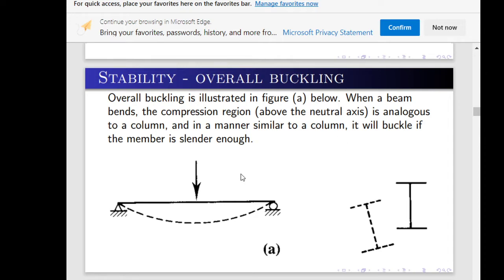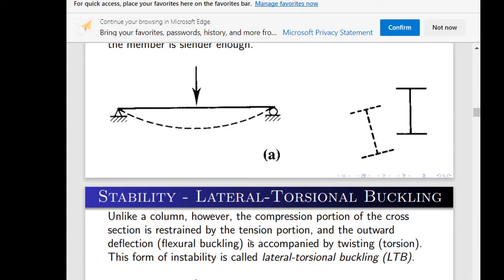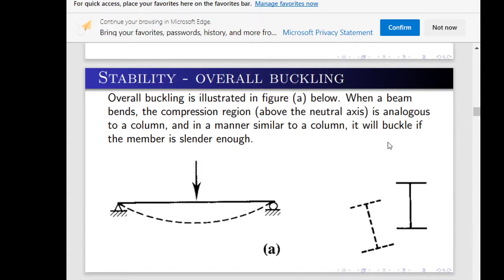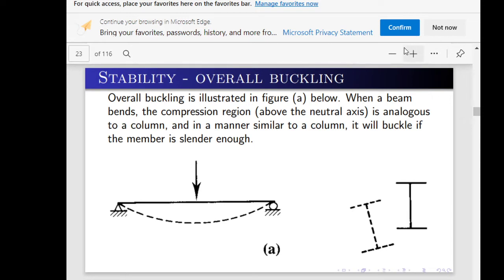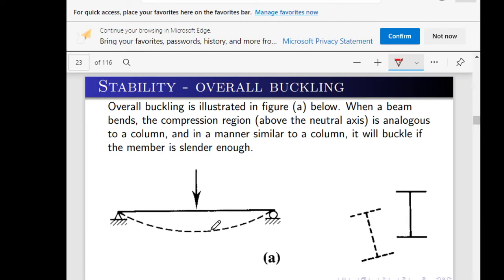It is no longer stable. So we have this lateral torsional buckling of this beam. So if we look at a section, a part in here.